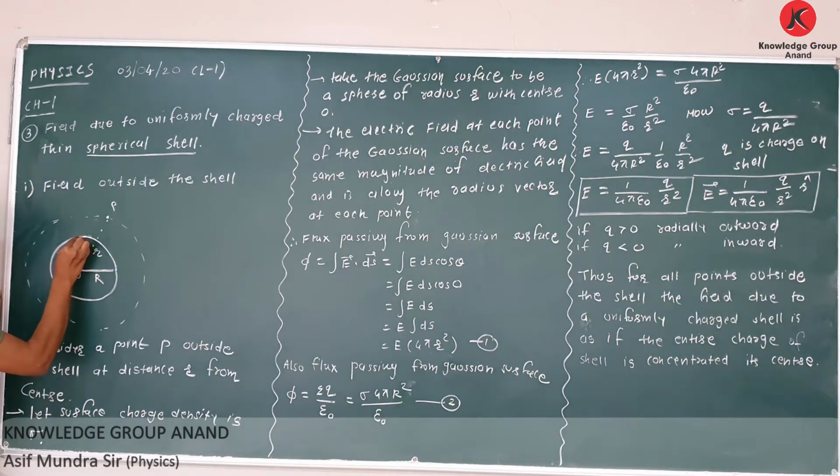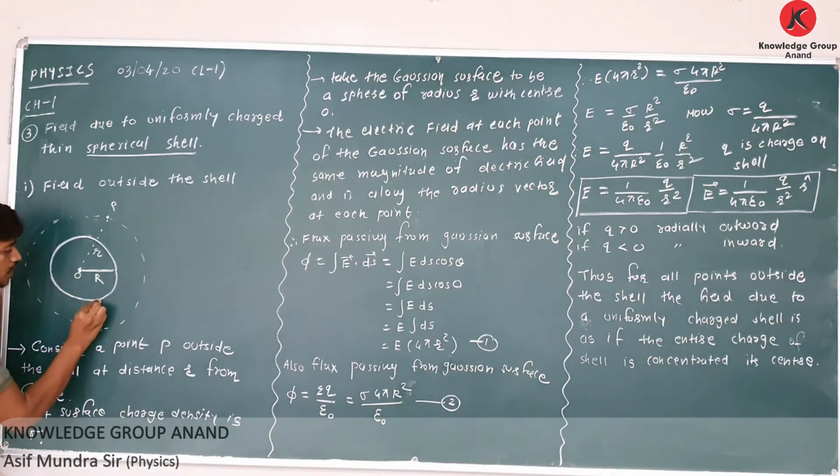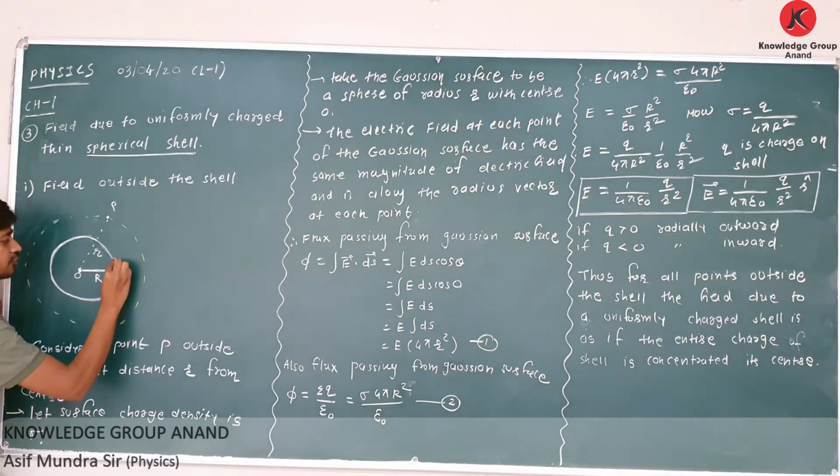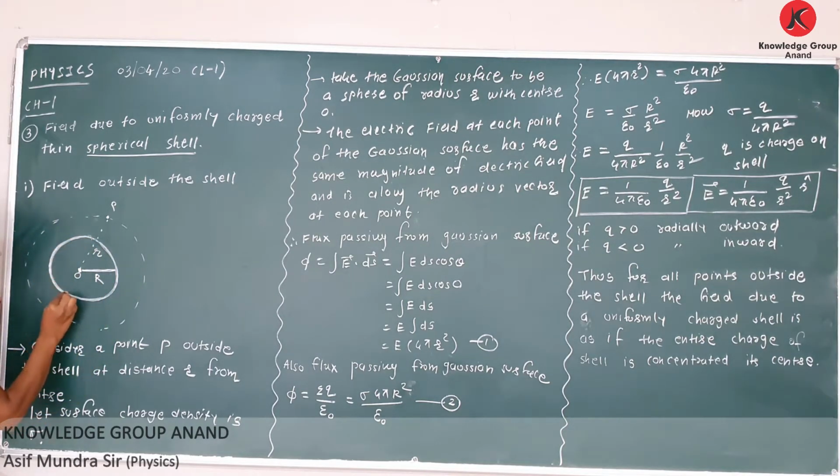See, it is a shell of radius capital R. Charge is uniformly distributed on this shell, having surface charge density sigma.